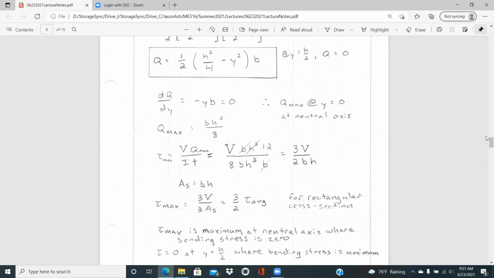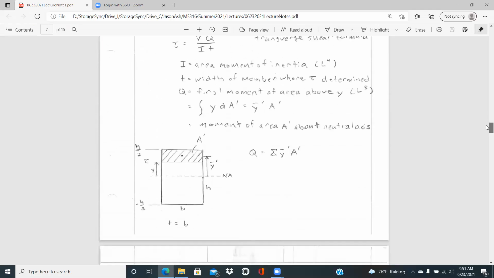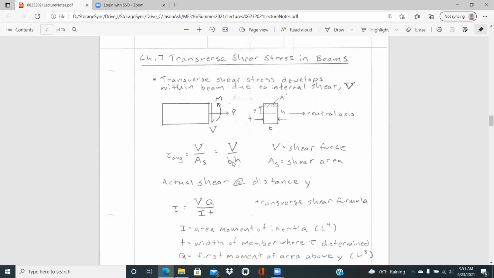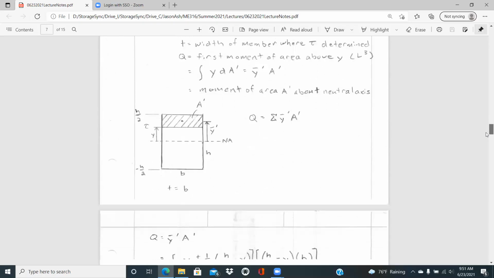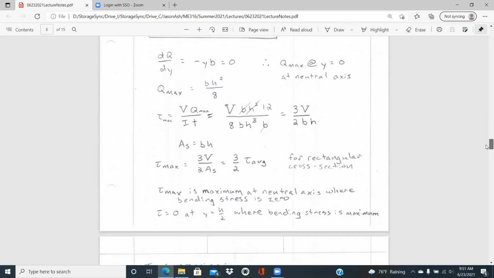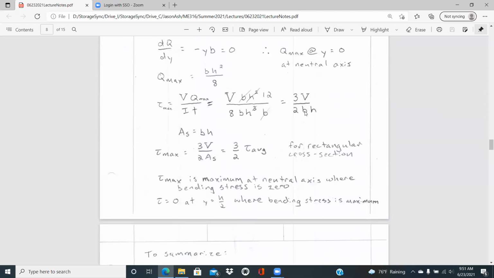And remember again, our average shear stress was just V over bh, our shear area. And so our bh is really referring just to our shear area or our cross-sectional area.